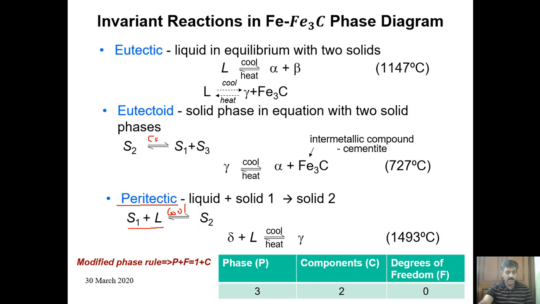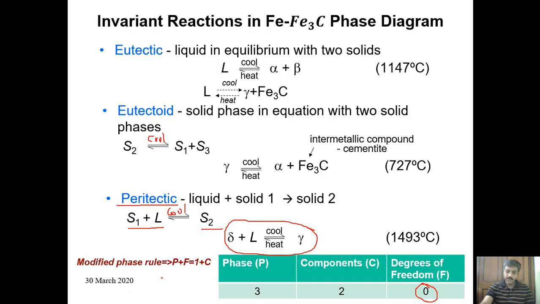So one solid and a liquid combine, and during this transformation again the temperature remains constant, the degree of freedom is 0, everything remains the same. And in the iron carbon diagram we will find one such reaction.